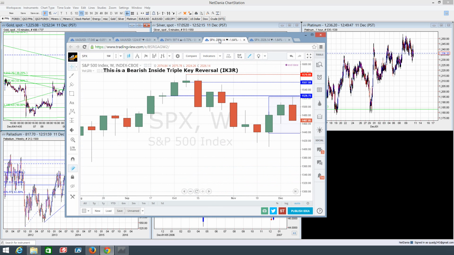And let's take a look at a bearish inside key reversal. This is the SPX, the S&P 500. And back here in October of 2007, it's on the weekly chart. The SPX came down and closed, engulfed the previous 3 weeks with an inside triple key reversal there, and set a significant top right here at 1576.09.